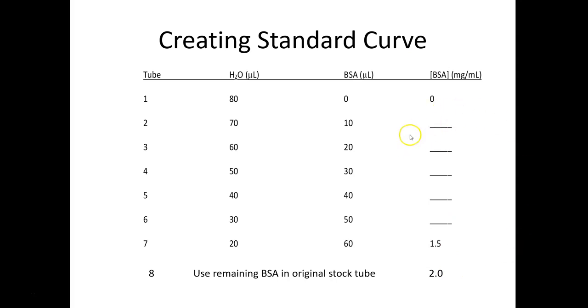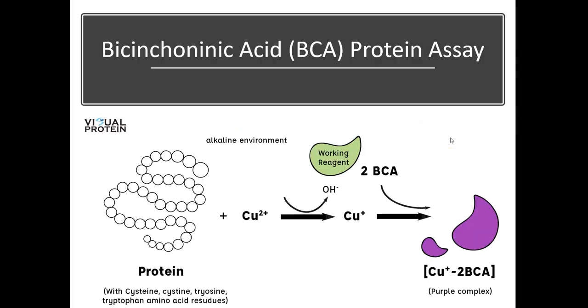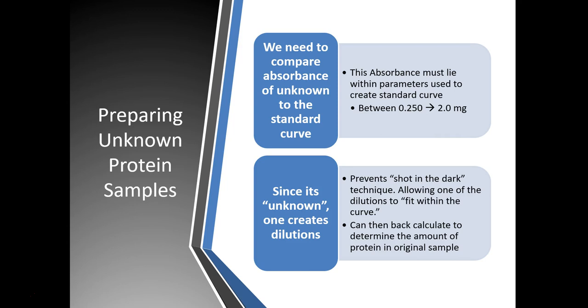The lowest would be whatever the concentration was outside of the zero, which in this case would be 0.25 milligrams per milliliter. So the range of the standard curve that we would prepare in this case would be from 0.25 to 2 milligrams per milliliter.